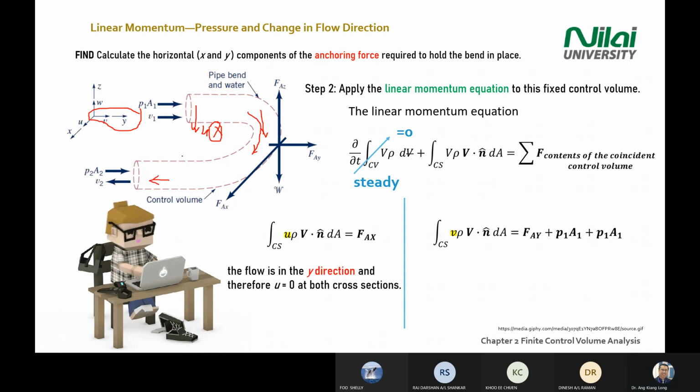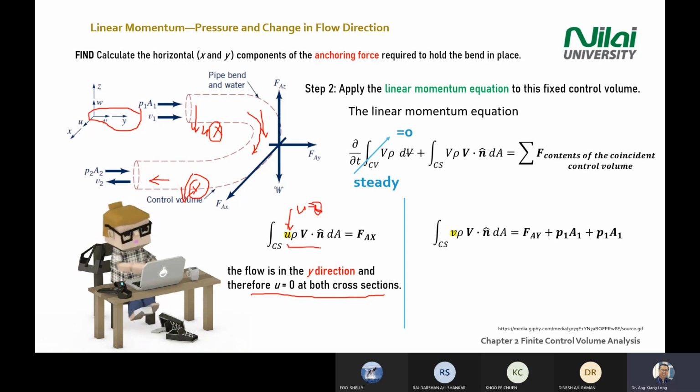So there's no x direction flow. That's why you need to write u equals 0, because the flow is in y direction.